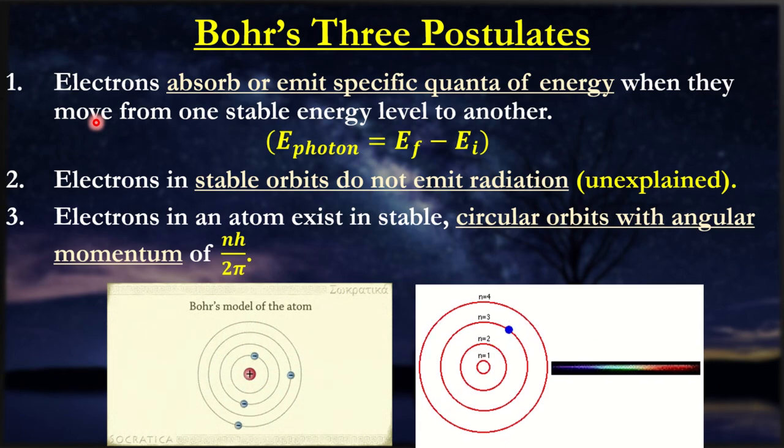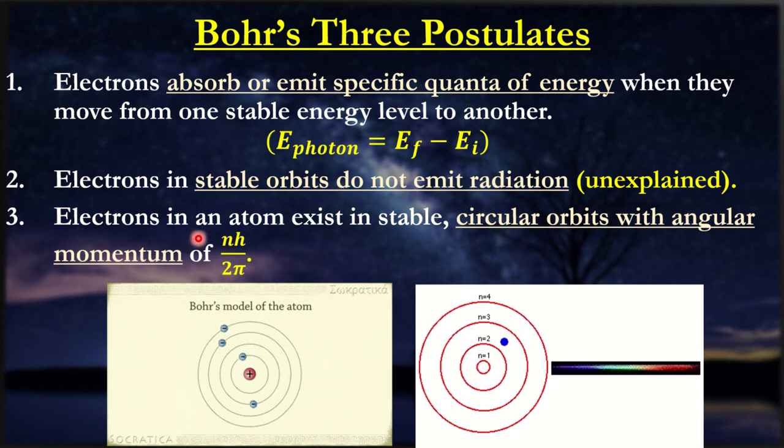So he kind of added on to Rutherford's model of the atom, basically saying that electrons absorb and emit specific quanta of energy to move into a stable energy level. He also said that electrons are stable in their circular orbits. He doesn't really explain why, though, and there's another person involved before we can explain that. So this is one of the limitations. He hasn't actually explained why circular moving electrons don't emit electromagnetic waves, but that's just one of his 3 postulates.